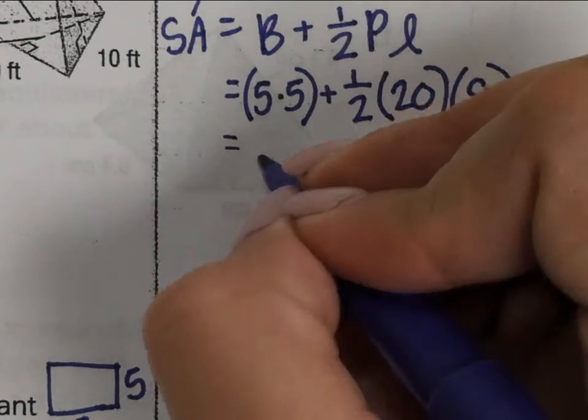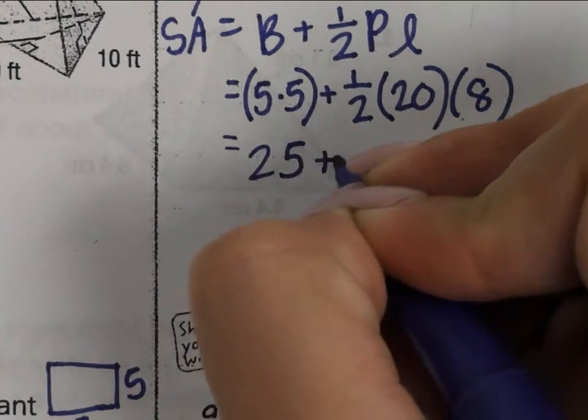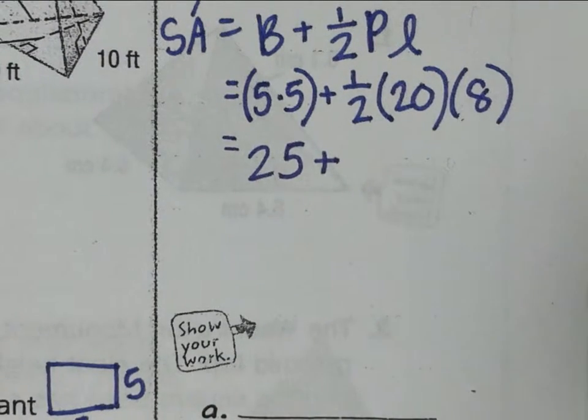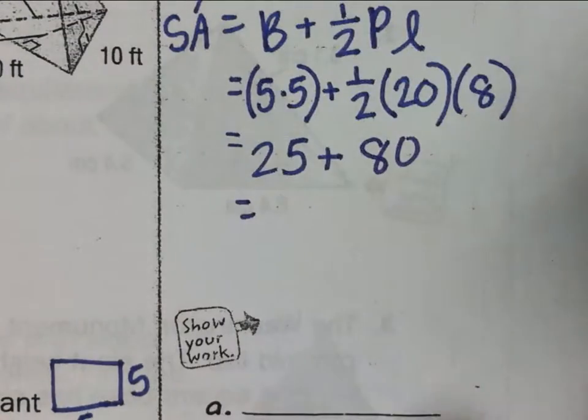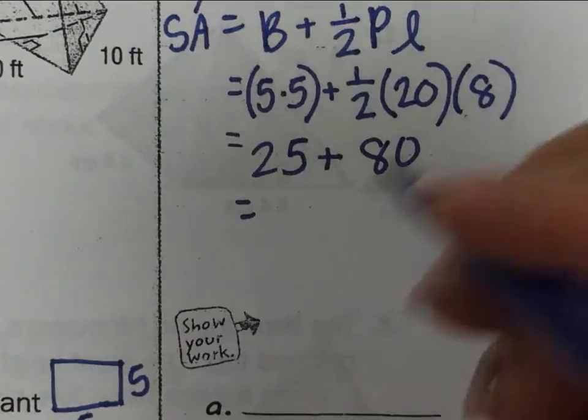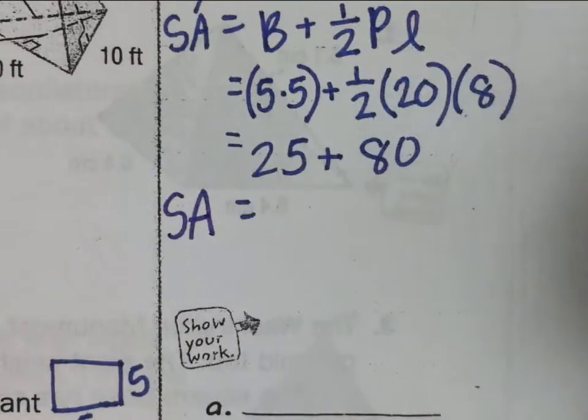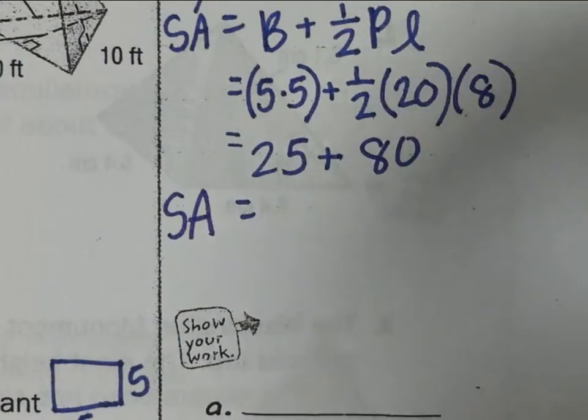Okay, so 5 times 5 I know is 25, plus 1/2 times 20 times 8. What is that? 80. I need some more class participation. Somebody else tell me what 25 plus 80 is. 105. Thank you.